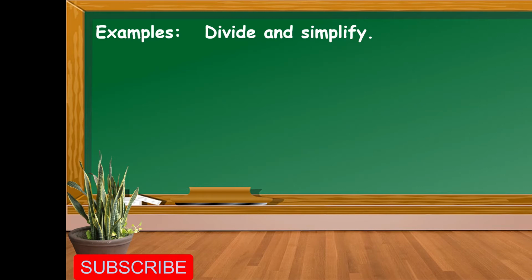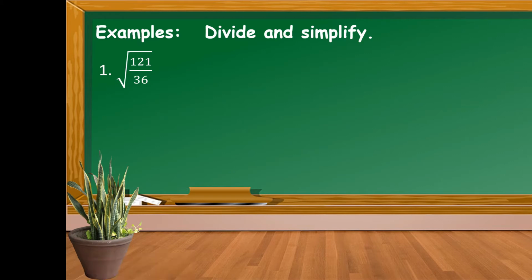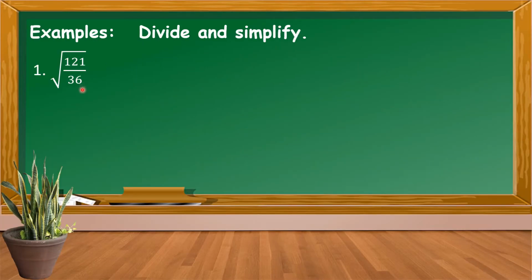Divide and simplify. The square root of 121 over 36. We all know that 121 is a perfect square and 36 also is a perfect square. So what is our answer? We separate the numerator and the denominator.